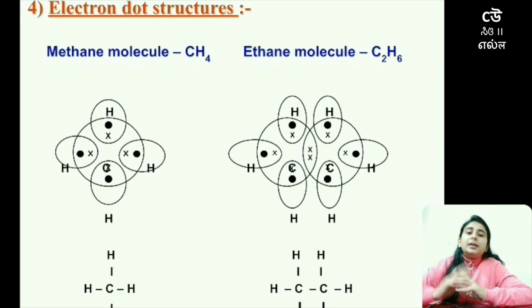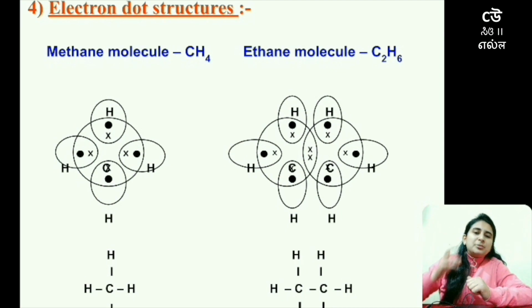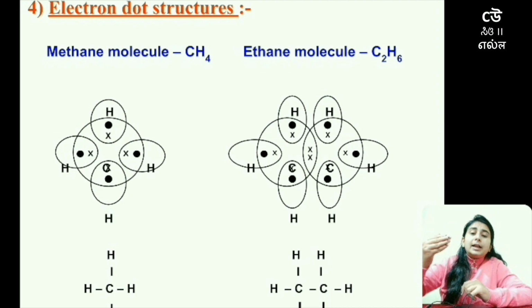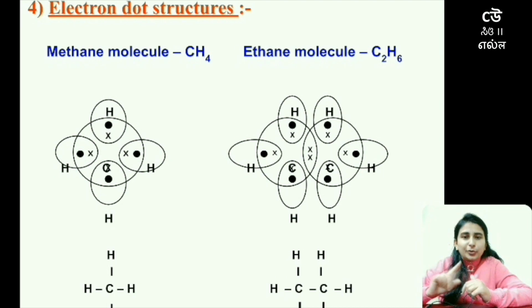So here since we are using 2 different elements, their electrons will also be different, so how do we differentiate which electron belongs to which element? The best method we can follow is that for one element we'll use dots to represent its electrons, and for the other element, we'll use crosses.